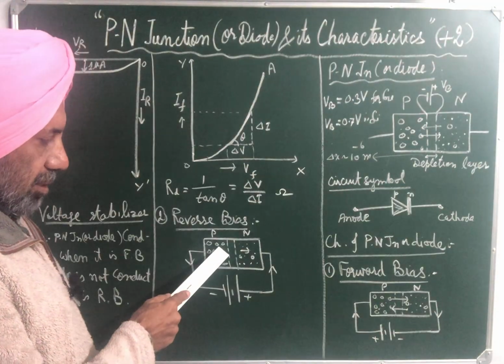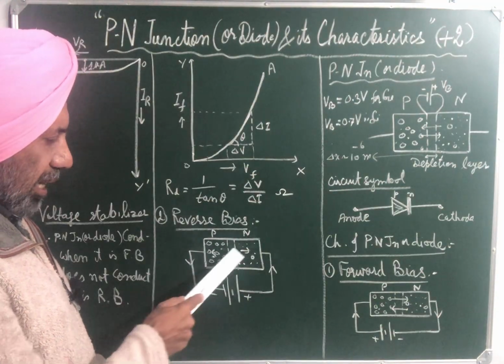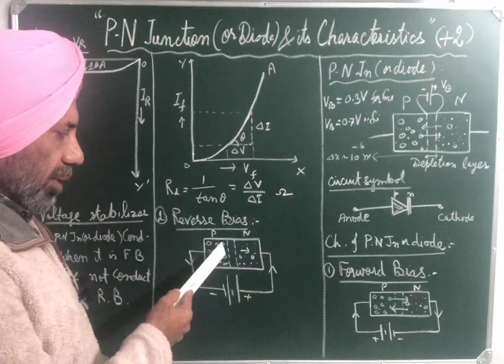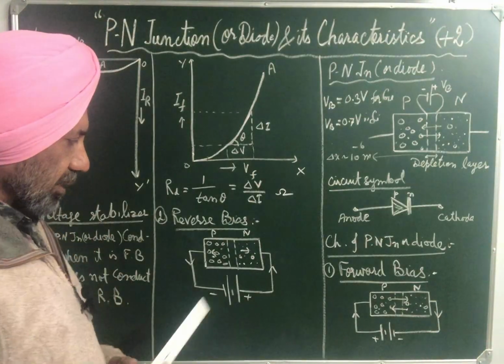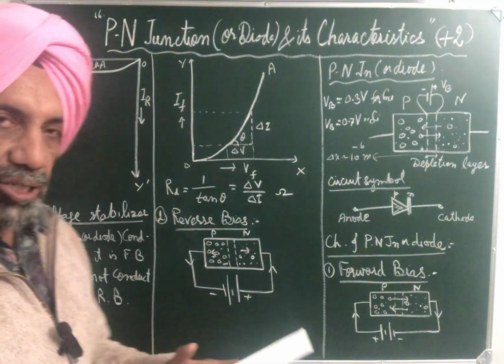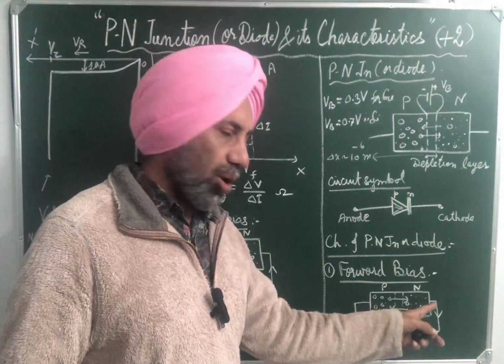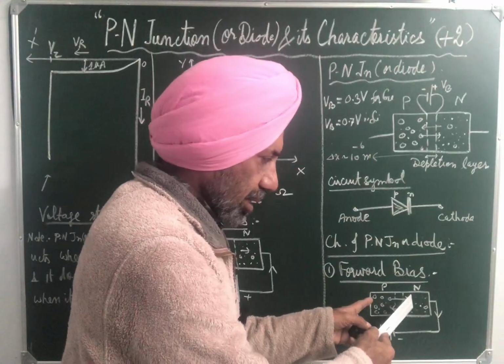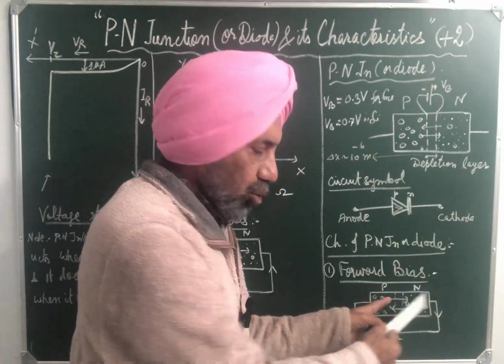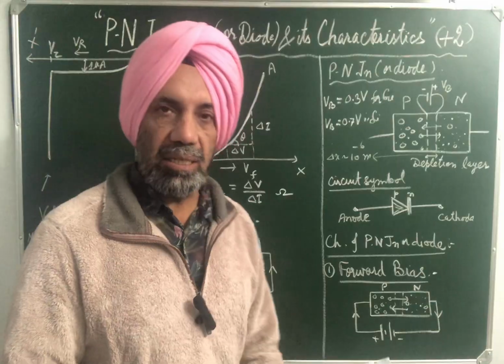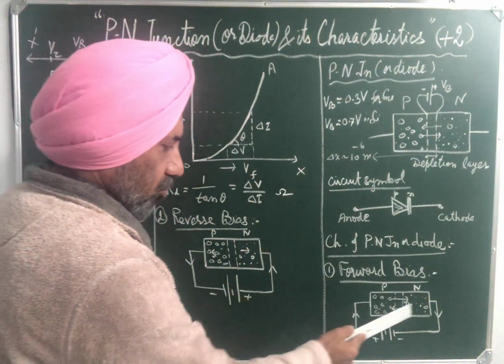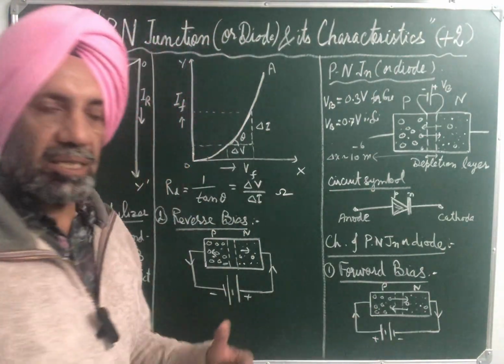Majority carriers of the P section and N section move away from the junction. As a result, the thickness of the depletion layer increases. The reverse is the case in forward bias. Majority carriers of the P section and N section move toward the junction, and the thickness of the depletion layer decreases. That's why during forward bias, the PN junction offers less resistance to the flow of current.